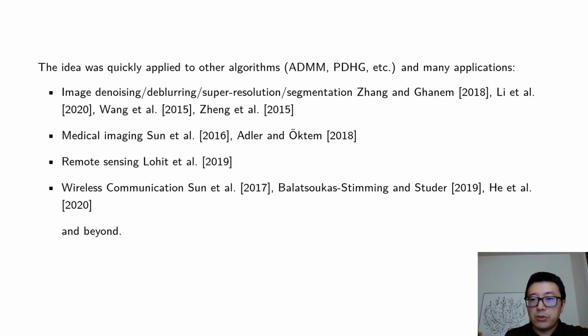And researchers have applied the ideas to different sets of problems, for example image denoising, deblurring, super resolution, segmentation, medical imaging, remote sensing, wireless communication, and other signal processing techniques.